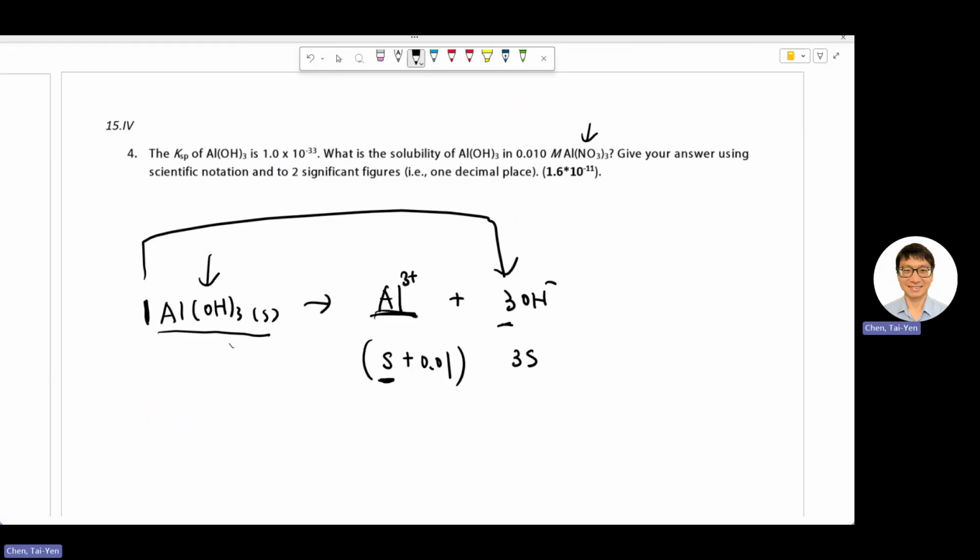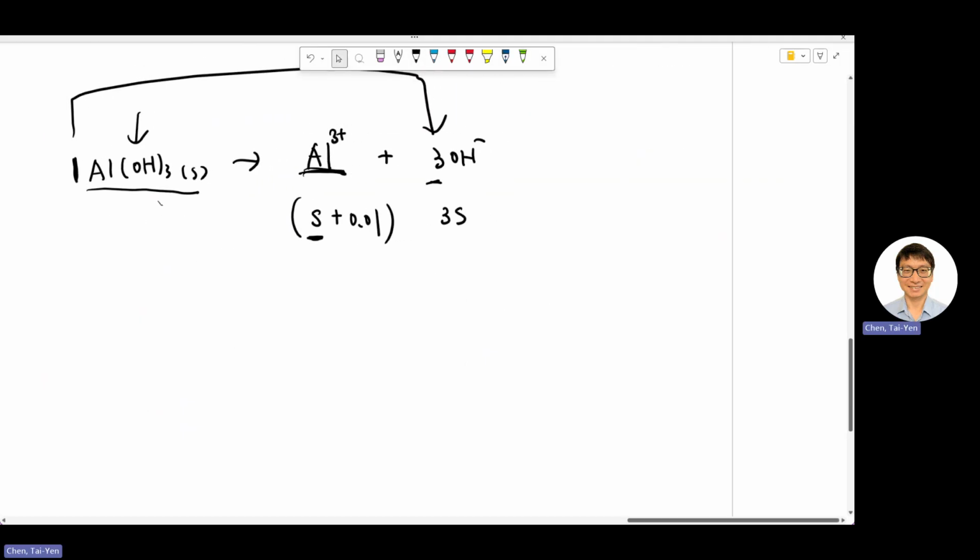Everybody understand what I'm doing now? Can you do this yourself? You need to. Whatever I'm doing right now, you need to do it yourself. Once you understand this, the next thing is that Ksp is basically the same. It's defined as this concentration to the first power, that concentration to the cube.